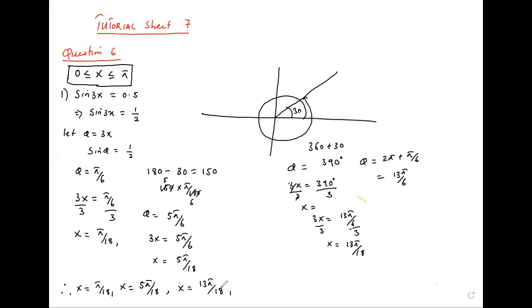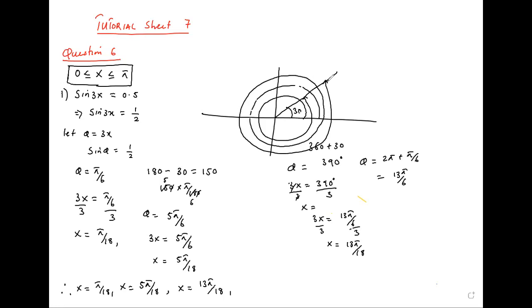It's possible that if we go around again, you start from here, go there, go around, you again get another angle that will give us sine half.